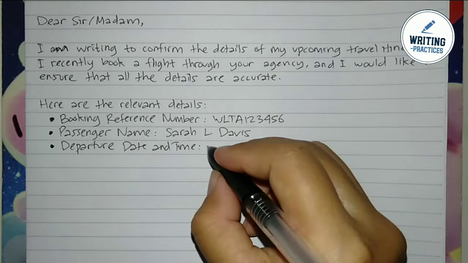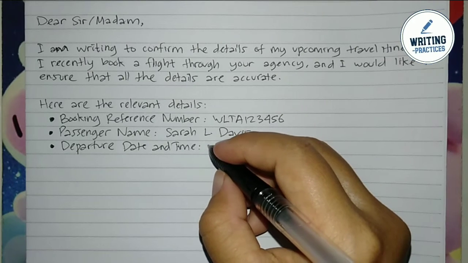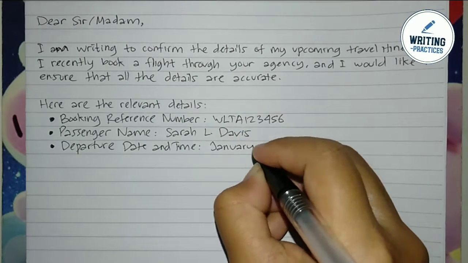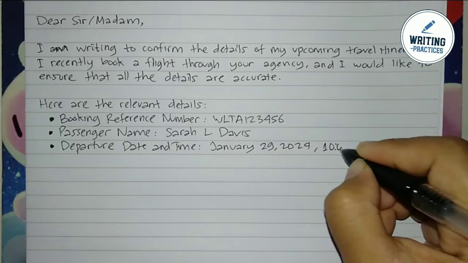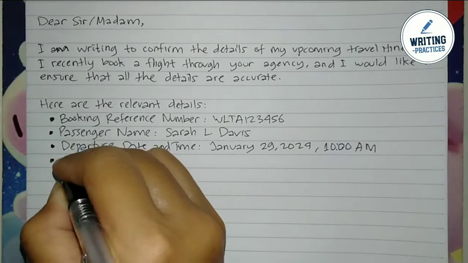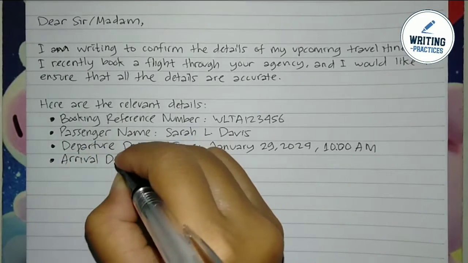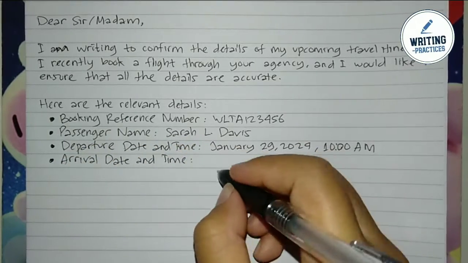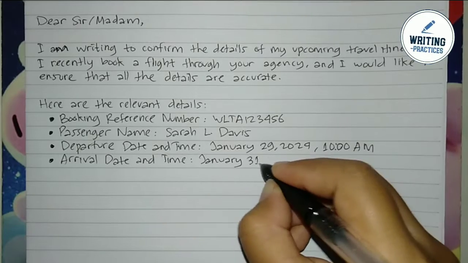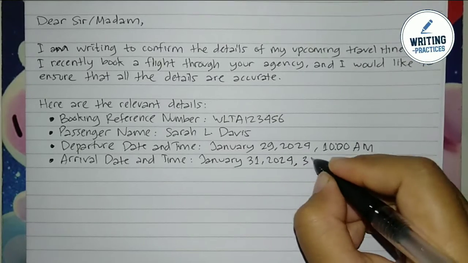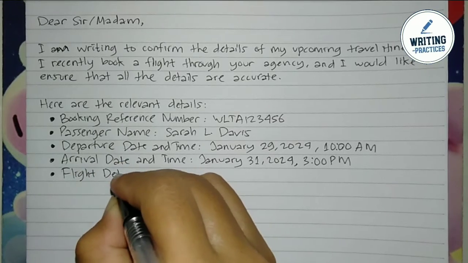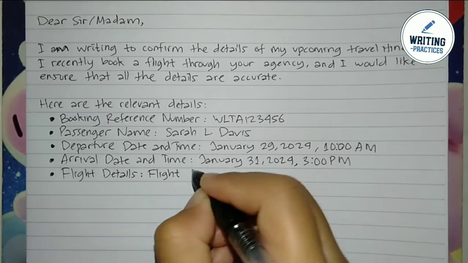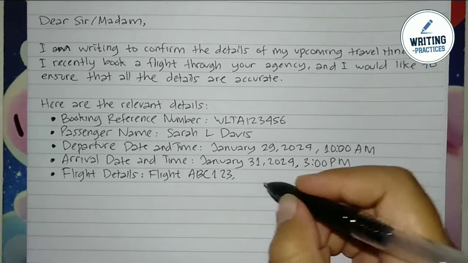Passenger name, Sarah L. Davis. Departure date and time, January 29, 2024, 10 a.m. Arrival date and time, January 31, 2024, 3 p.m. Flight details. Flight ABC 123, economy class.